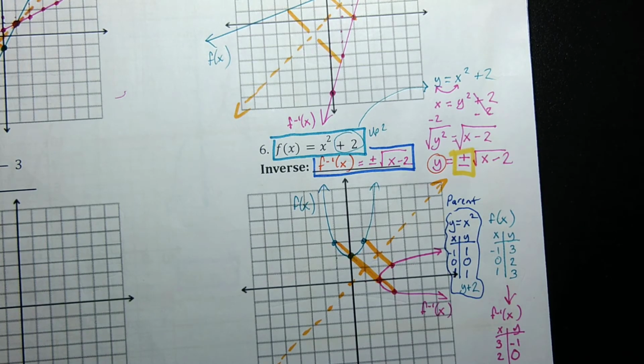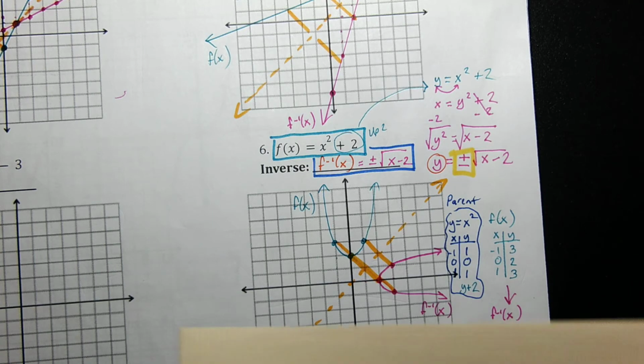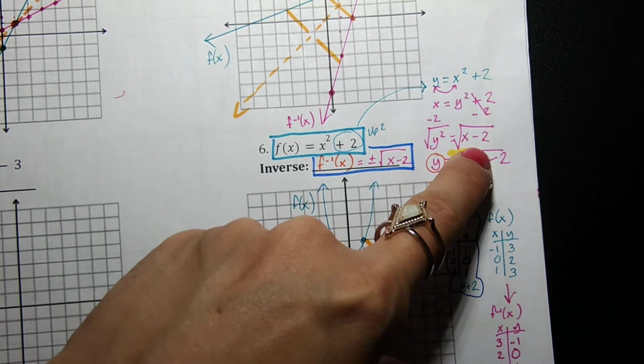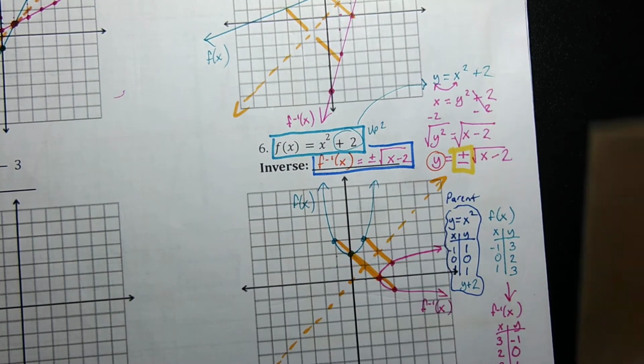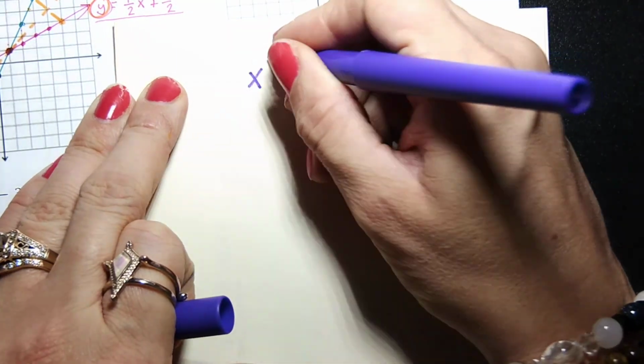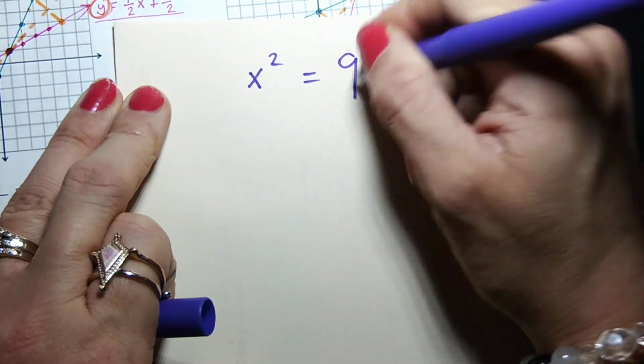Now, if I were you, I'd be looking at that going, I don't like that. And I'm not really sure why we need that plus or minus there. So I'm going to give you a concrete example for why square root requires that I put a plus or minus there. We're going to start with this equation: x squared equals 9.